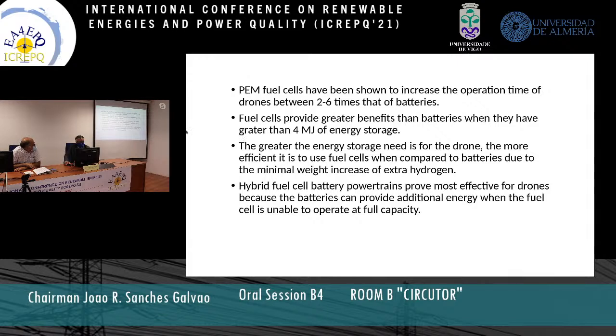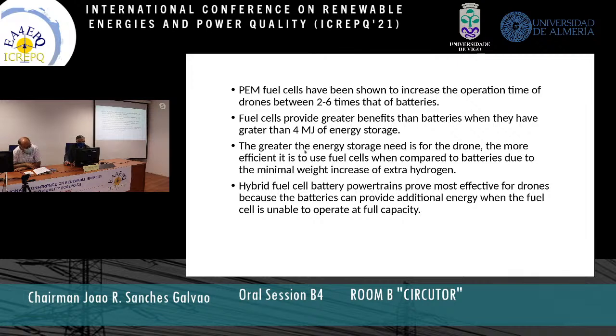There has been some work showing that PEM fuel cells can increase the operation time of drones by 2 to 6 times compared to batteries, if the minimum energy required is generally more than 4 megajoules.